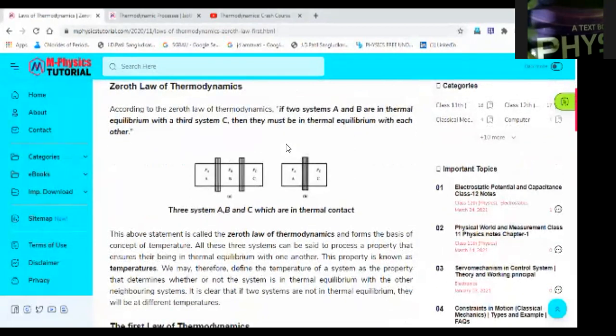So according to the zeroth law of thermodynamics, if two systems A and B are in thermal equilibrium with a third system C, then they must be in thermal equilibrium with each other. Okay, in simple language, what does it mean?